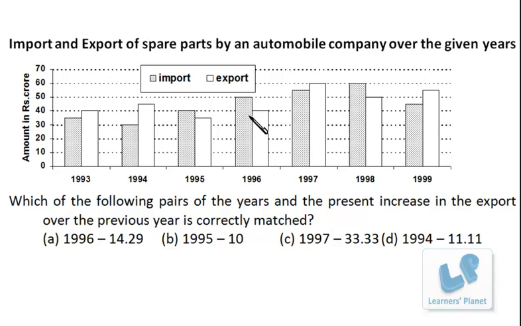That is 40. The export value in 1995 is 35. So the increase is 5. So from 1995 to 1996, the export increase is 5 and this increase is over 35. So it's 5 by 35, right? So it's 1 by 7.